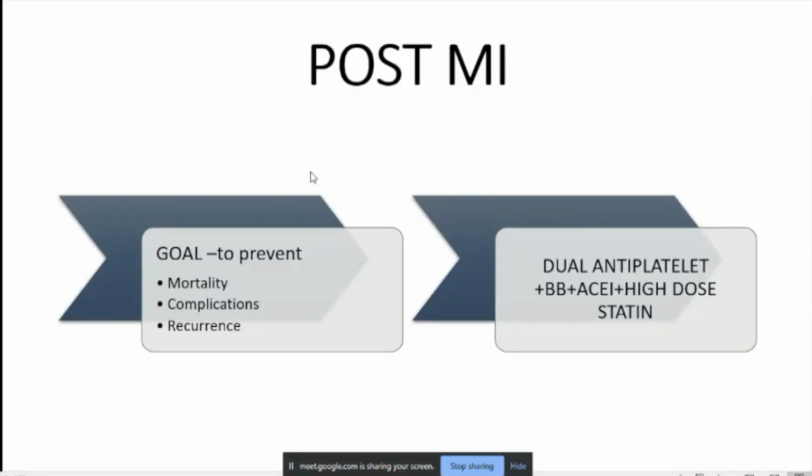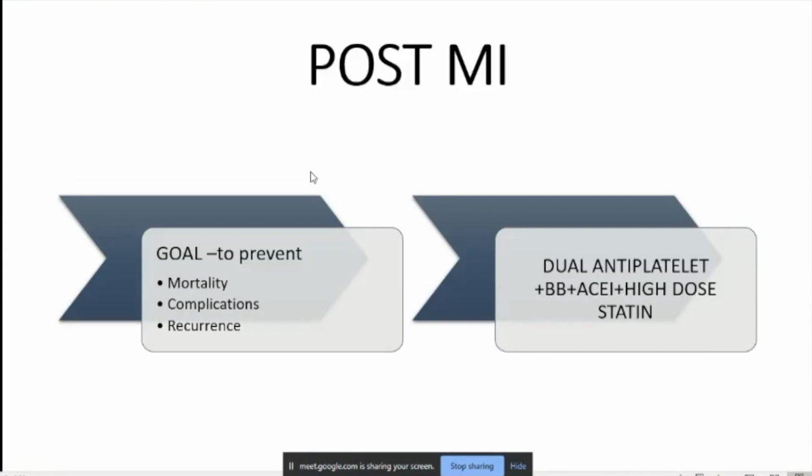The goal of post-MI management is to prevent the mortality, complications, and recurrence. It's pretty simple. We have to prevent the mortality of the patient, prevent the complications from happening, and prevent the recurrence of MI. So what we do usually in post-MI, we give the patient dual antiplatelet, beta blockers, ACE inhibitors, and high-dose statin.